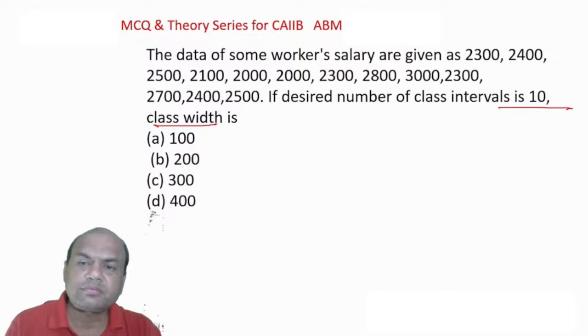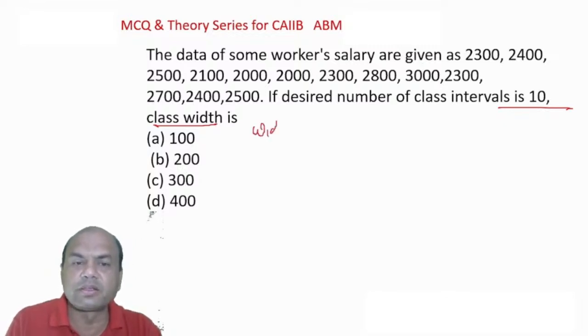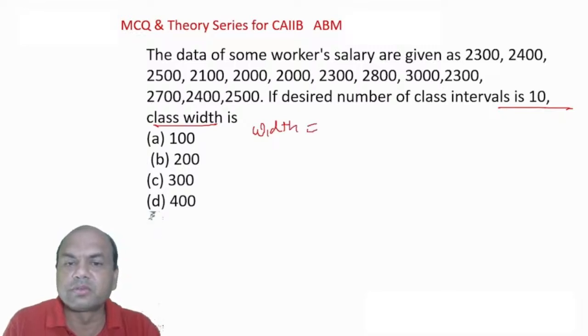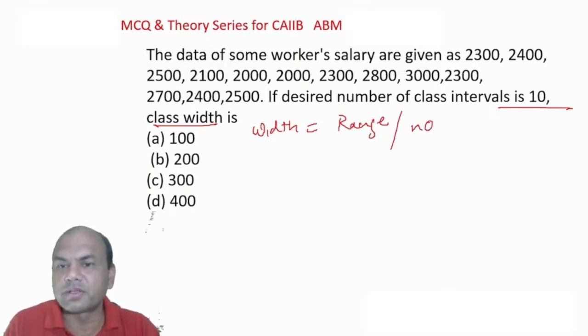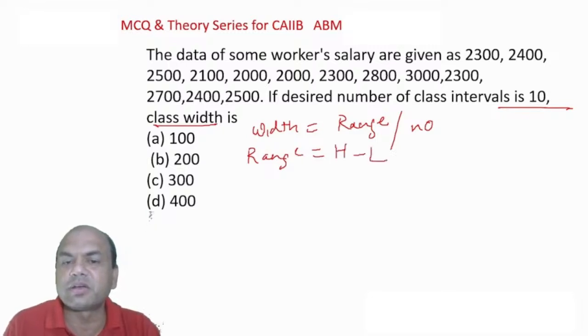So suppose it is like this: width equals range divided by number. Number means the number of classes, how many intervals are required. What is range? Range equals highest minus lowest. What is the highest one over here? Tell me, which number is highest?